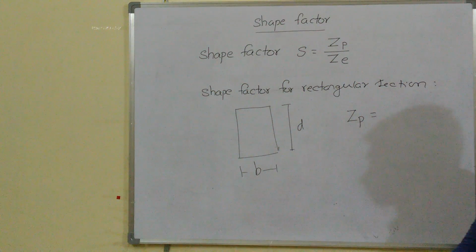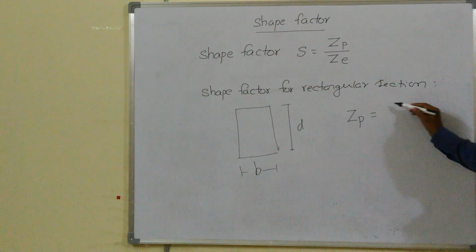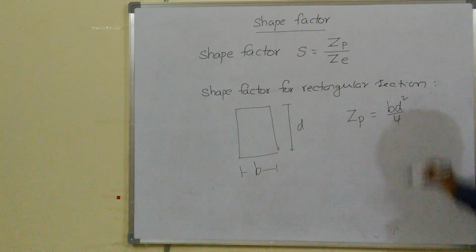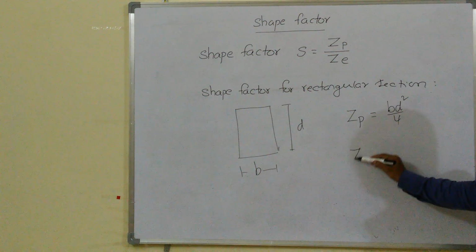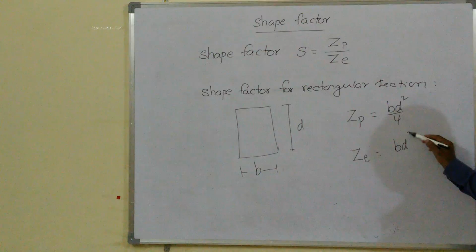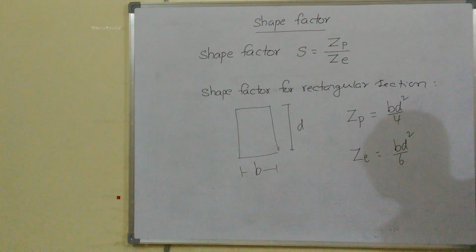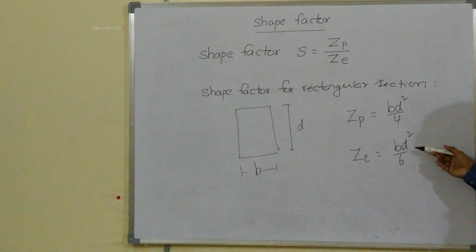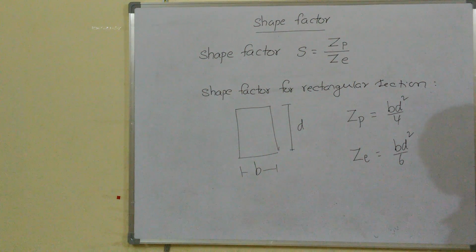Already we know that it is BD square by 4. And what is the section modulus for this rectangle? BD square by 6. How? I by y max. I is BD cube by 12 divided by y max, which is D by 2. So BD square by 6 is the section modulus for the rectangle and Zp is BD square by 4.